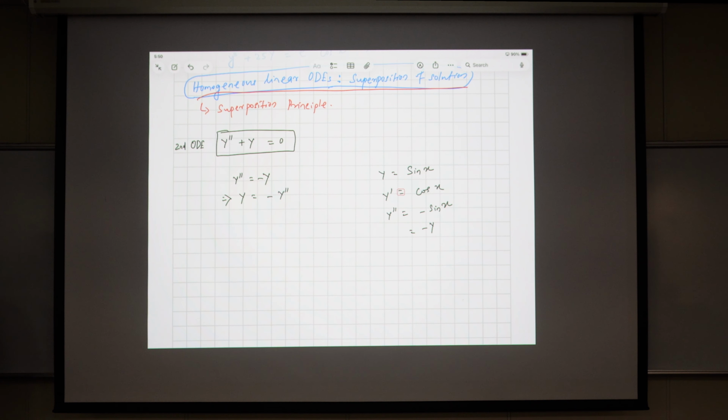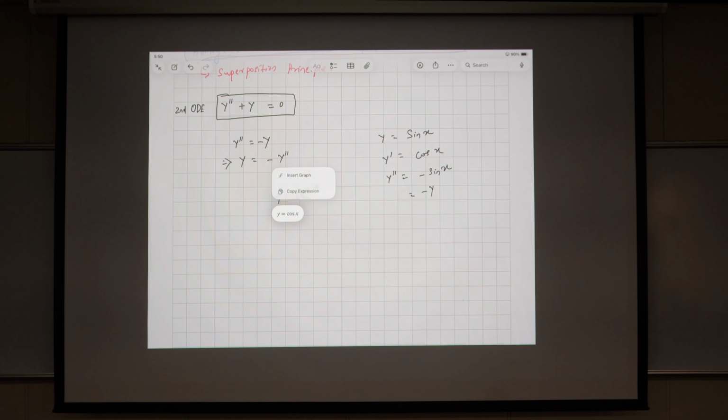Similarly, is there any other solution? What about if I take y is equal to cosine x? Is it satisfying?